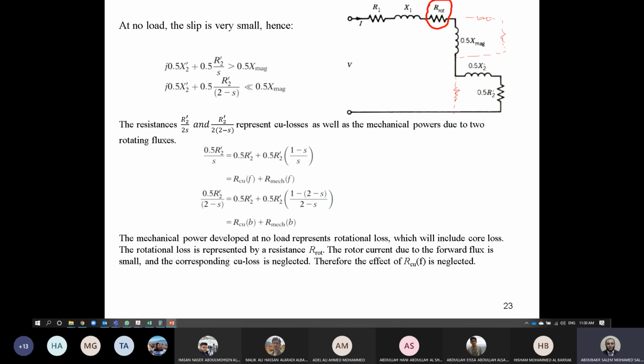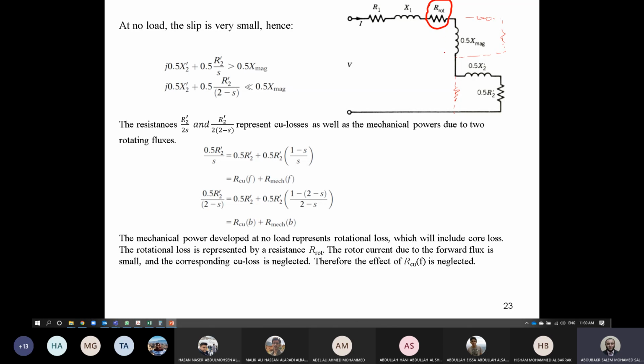However, in power calculation, now that the motor is working at no load, what are the different power losses that exist with the circuit? We have a few copper losses because the current is relatively small compared to full load. We should have core loss because of the magnetization.